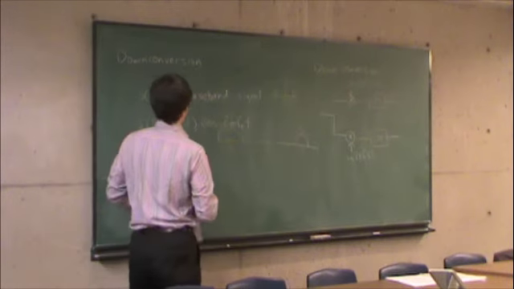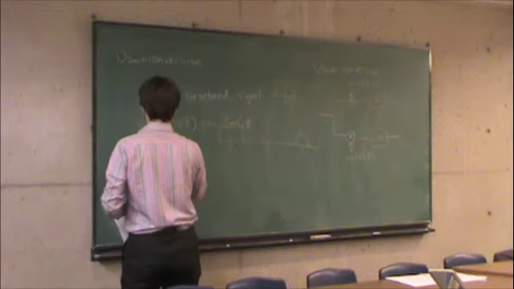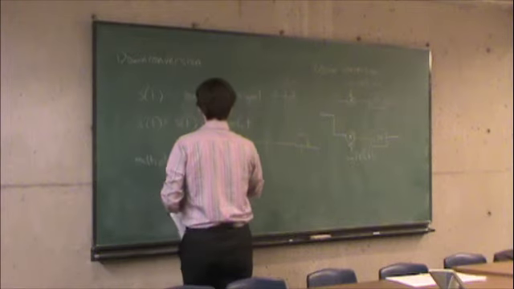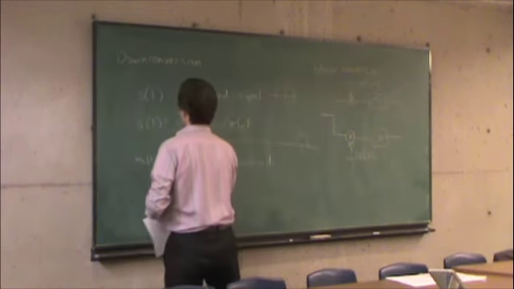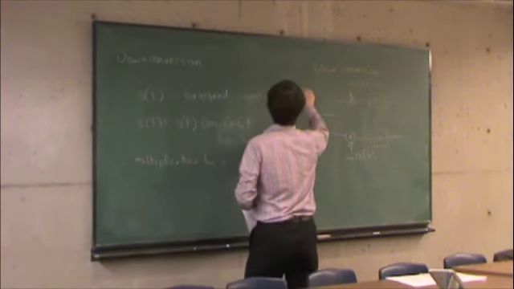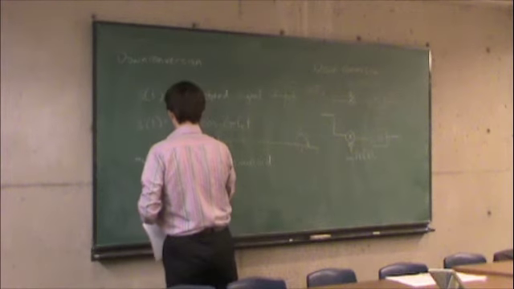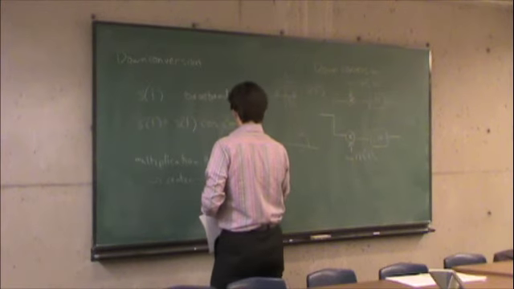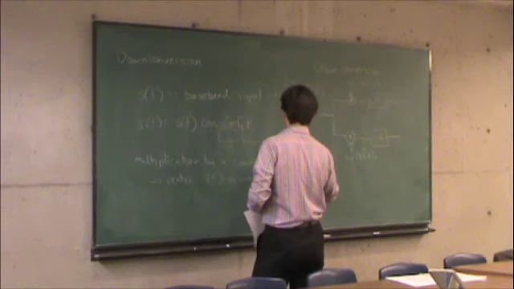So multiplication by a sinusoid means I take, so let's call the Fourier transform of this S of f. I center S of f around plus FC and around minus FC.